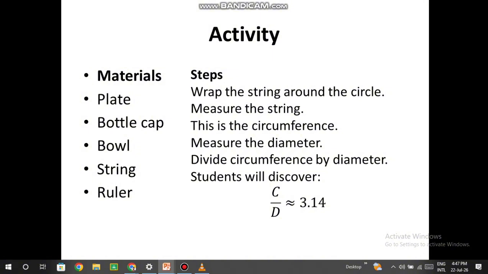This is the circumference, whatever you measure, and then measure the diameter of the circle. Now divide the circumference by the diameter, and students will discover that the value will be equal to 3.14. Now we will do this activity. You can pause the video at this point and do this activity by yourself as well, and then I will show you how to measure this in a physical manner.